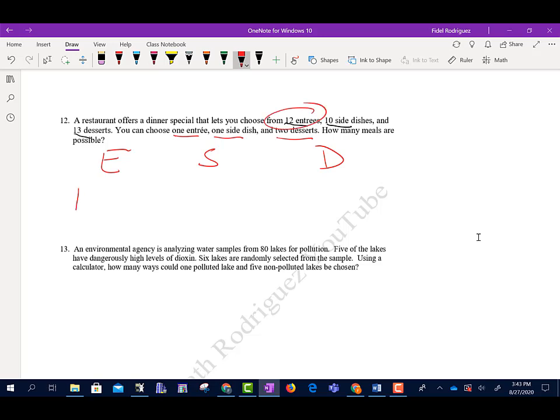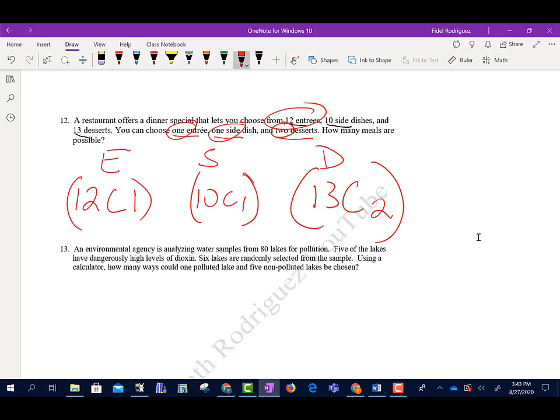We have 12 entrees, and we're going to choose 1 of them. Side dishes, we have 10 side dishes, and we're going to choose 1 of them. And desserts, we have 13 desserts, and we're going to choose, they're so generous, 2 of them.